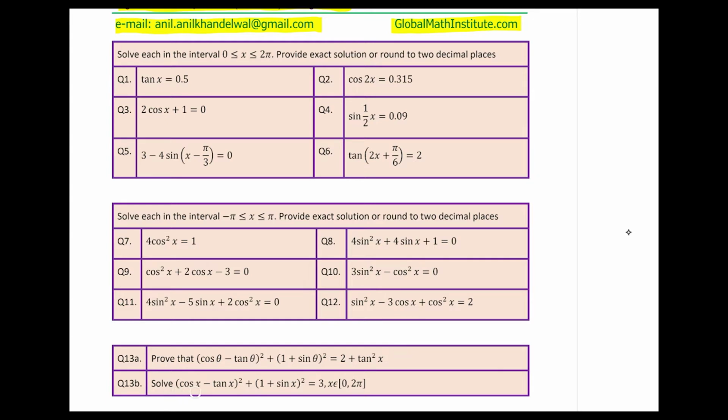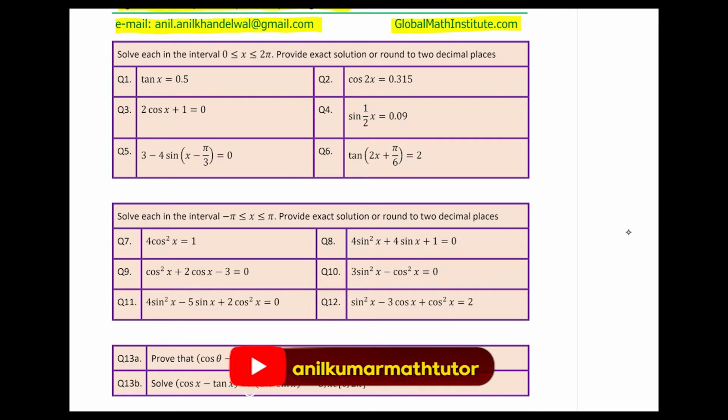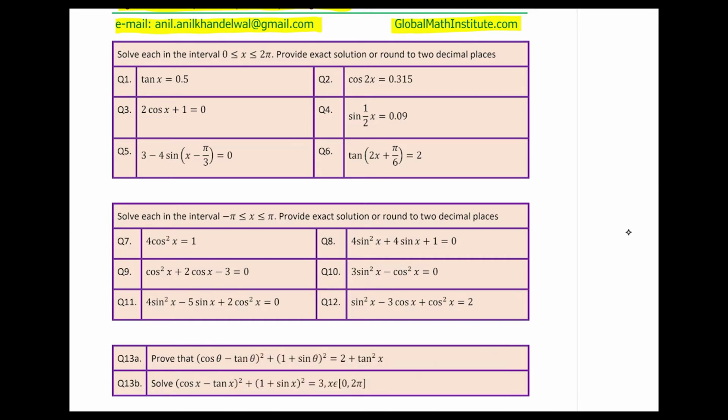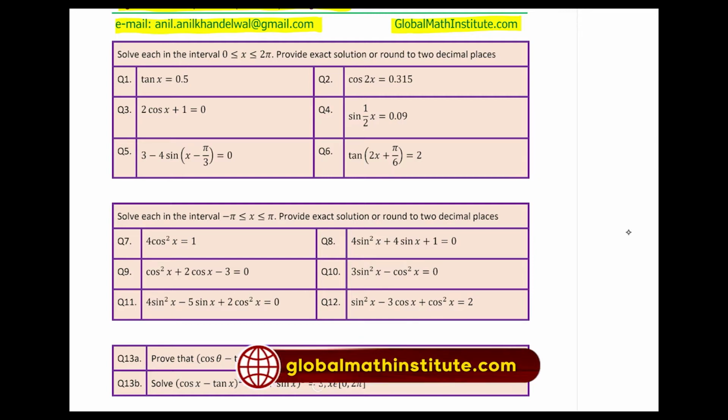The equation is: solve (cos x minus tan x) whole square plus (1 plus cos x) whole square equals 3, where x belongs to 0 to 2 pi. So as you can see, I could have given a direct question here, but then it becomes extremely difficult. This really helps students to understand how they should attempt to solve such a question.